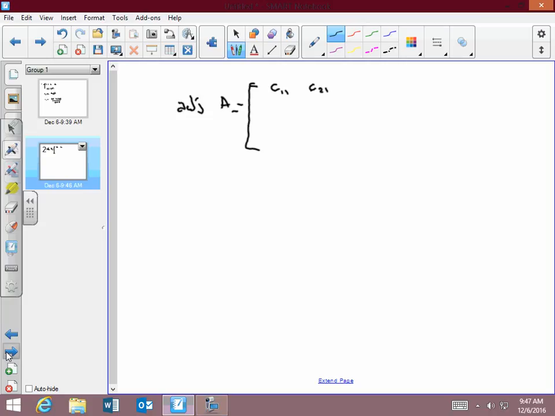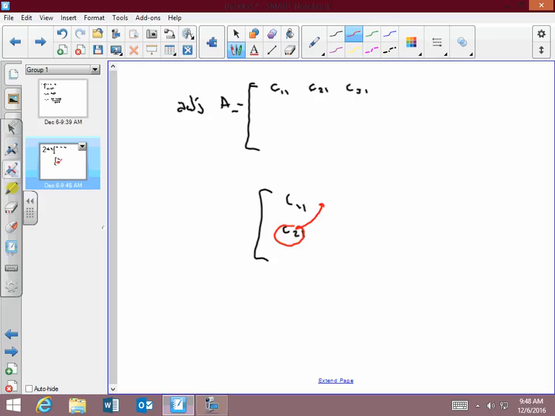And then you'll do third row, first column. Understand? You're doing cofactors of all the rows, but then when you place it into the adjugate, rather than putting the cofactor of 2,1 here, you put it up here.